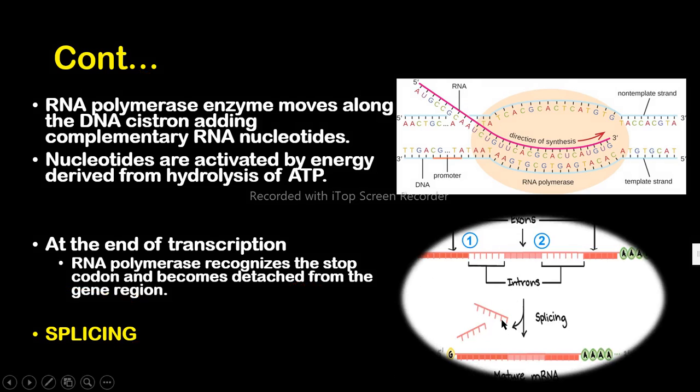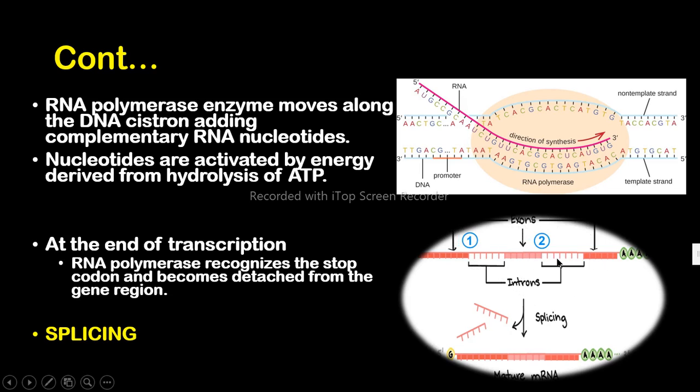So somebody is asking, does splicing occur on the DNA, or does it occur on the mRNA that has already been transcribed? And the answer is it occurs on the mRNA that has already been formed. So this is what I was illustrating. This is the new mRNA strand that has been transcribed, and the strand has the coding regions called exons and the non-coding regions called introns.